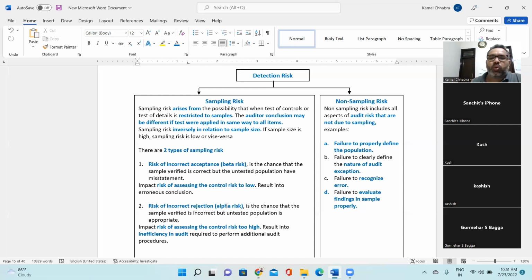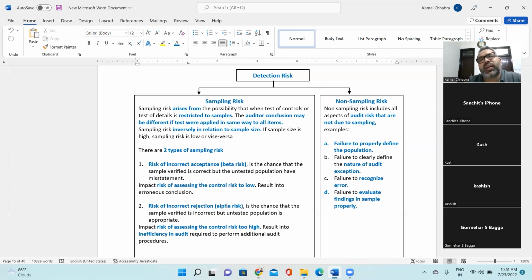Now look at two types of sampling risk. The first one is risk of incorrect acceptance. When there is no misstatement in your sample, that gives you comfort over the entire population, and you will accept the entire population considering there is no issue in that.